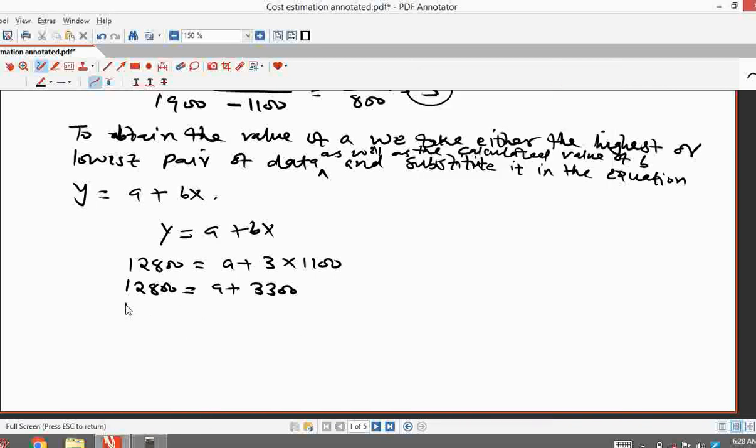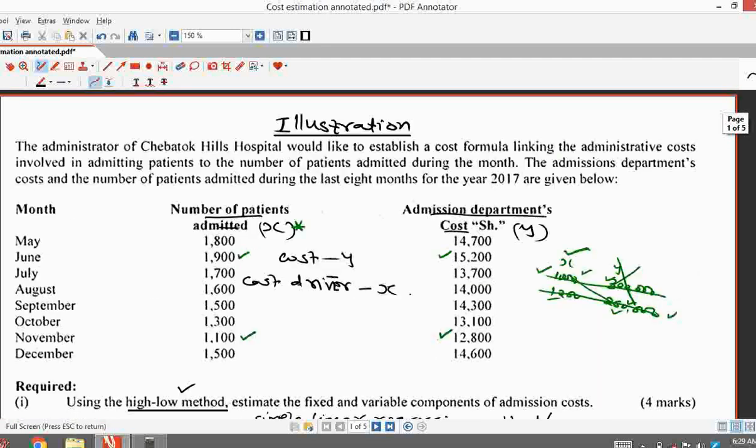So therefore a equals 9,500. Now with that, then we can answer our question.